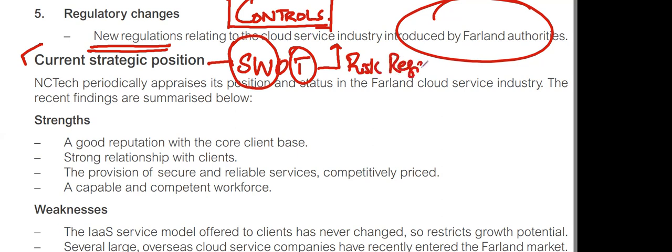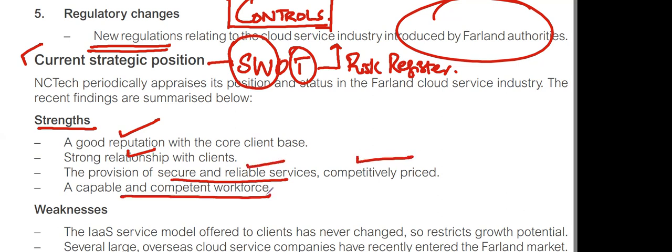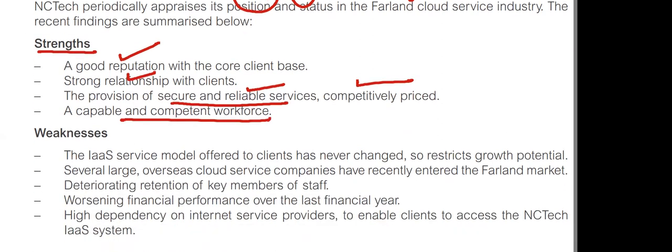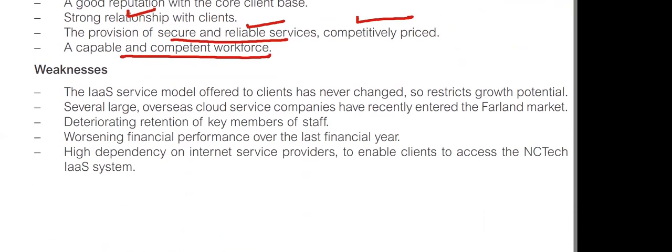So here you have been told about the recent findings. The strengths are a good reputation, relationship with clients, secure, reliable services which are competitively priced, and a competent workforce. While the weaknesses, if we look at the weaknesses, the infrastructure service model has never changed, so it restricts growth potential.